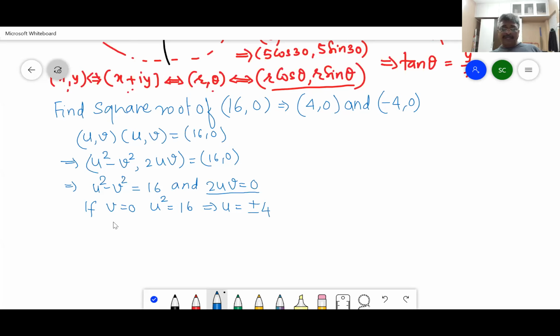If u is equal to 0, then opposite of v square is equal to 16. No solution. Therefore, u comma v is equal to 4 comma 0, or minus 4 comma 0.